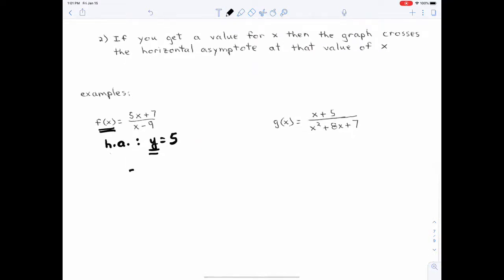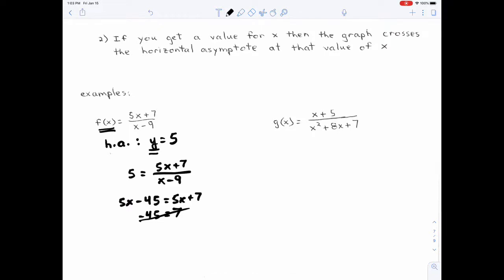So I'm going to say 5 equals (5x plus 7) over (x minus 9). Now, what do I have? I have a fractional equation. I get rid of fractions. So I'm going to multiply both sides by x minus 9, and we get 5x minus 45 equals 5x plus 7. And then you'd subtract the 5x, and you get negative 45 equals 7. Well, where does negative 45 equal 7? It doesn't. Therefore, there's no solution to that equation.